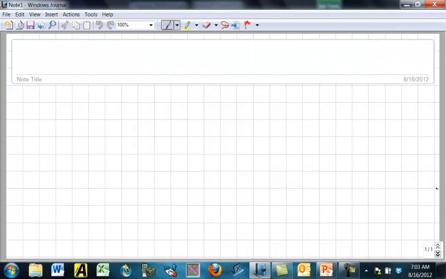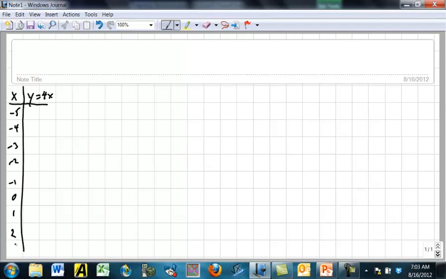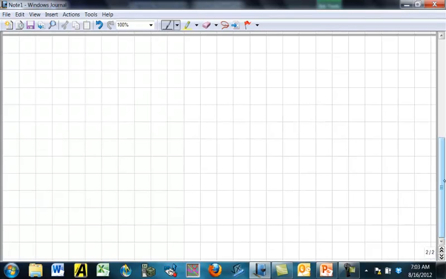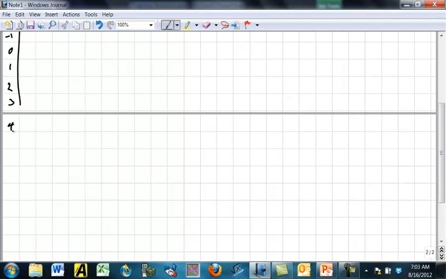So we have some graph paper here, and we're going to make ourselves a table of x and y, and y equals 4 times x. So I'm going to pick some things: negative 5, negative 4, negative 3, negative 2, negative 1, 0, 1, 2, 3. Let's keep on going down: 4, 5, 6.